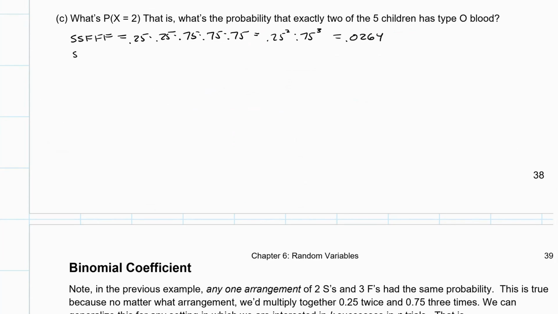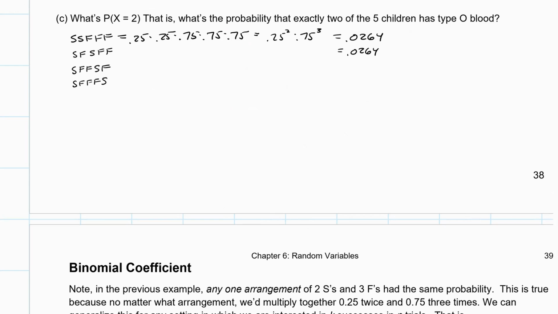And I could continue on that route. Success, failure, success, failure, failure. But I think we could recognize that it will also be 0.0264.